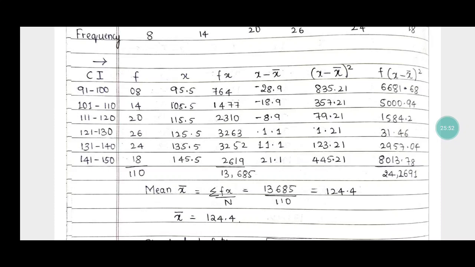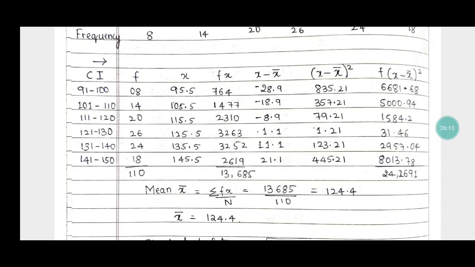F means the number of frequencies, or the number of observations. So n is the count of observations, that is 110, and we get the answer 124.4. So we got x bar, that is 124.4.